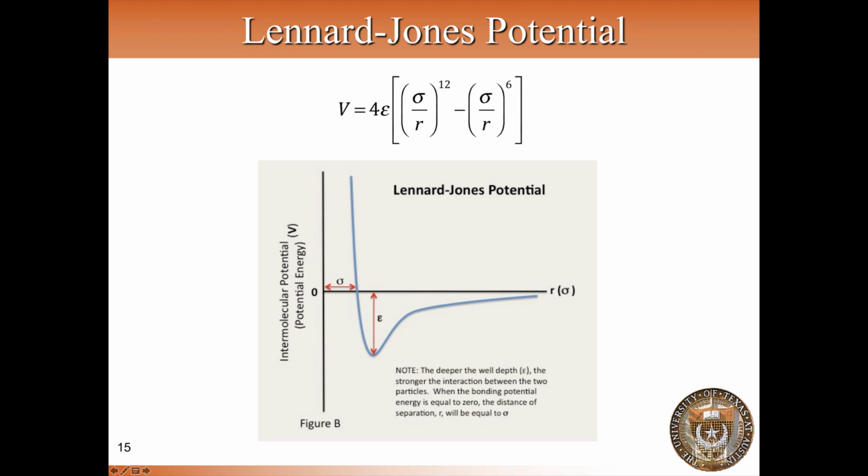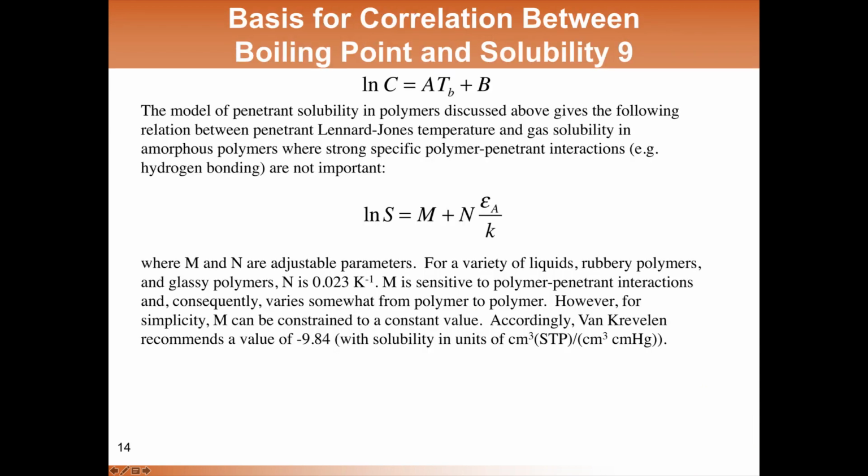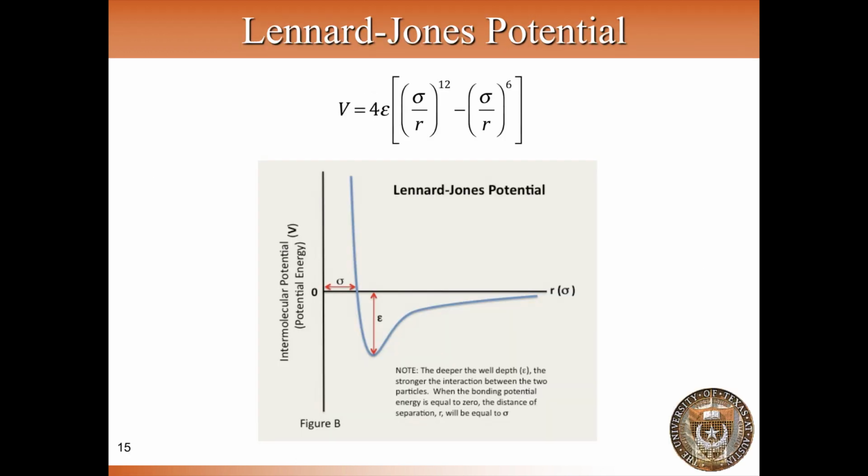And then the size of the molecule is set by the parameter sigma, and r is the intermolecular distance. The deeper is this well, that is, the higher is the value of epsilon, or we often write it as epsilon divided by Boltzmann's constant historically, the more condensable a gas is, and the greater its solubility will be in any liquid or polymer.